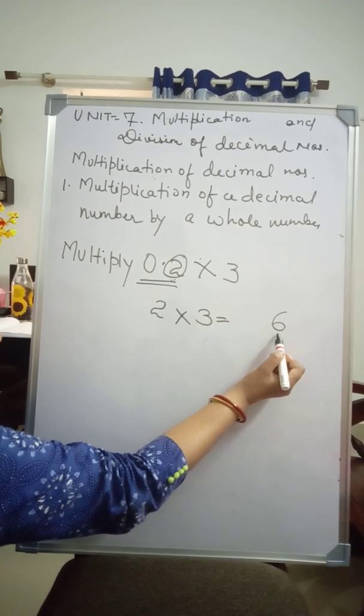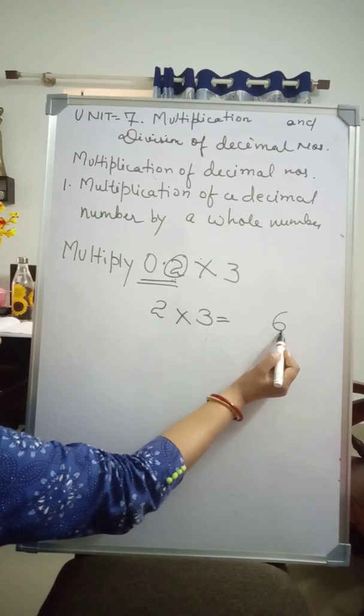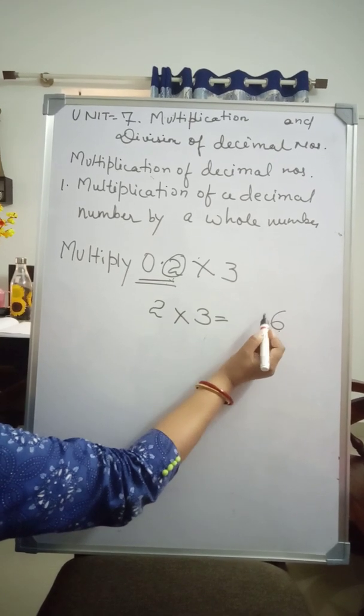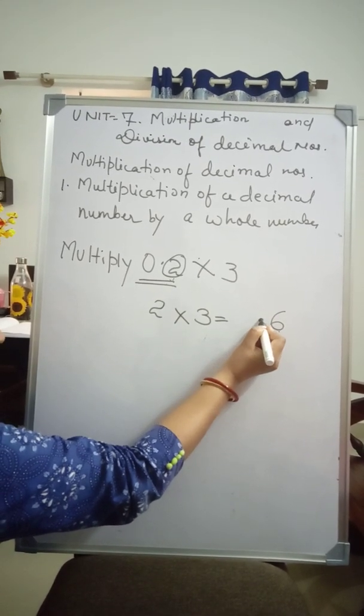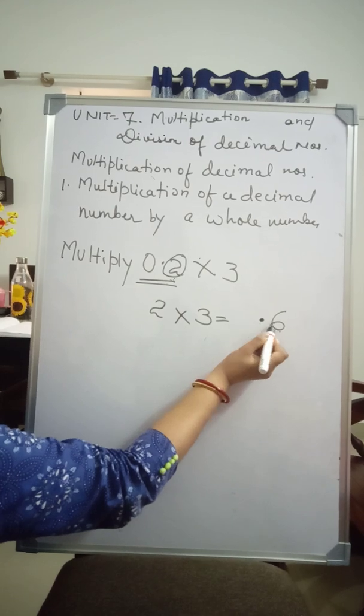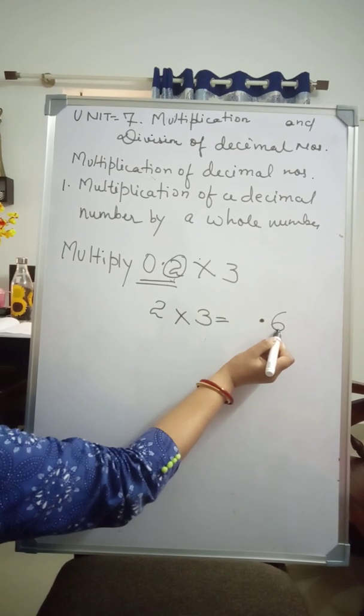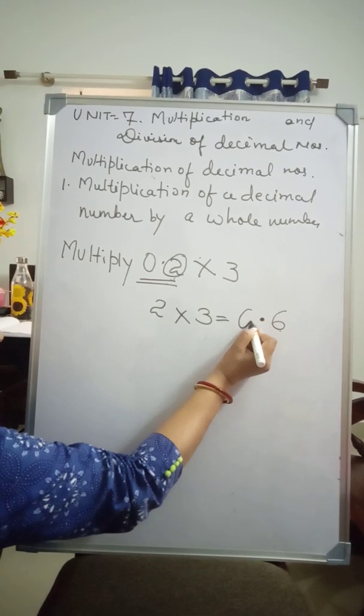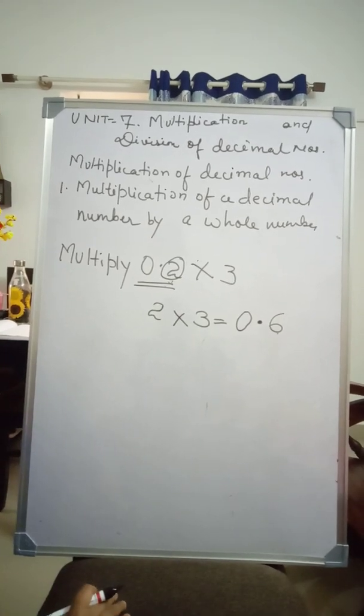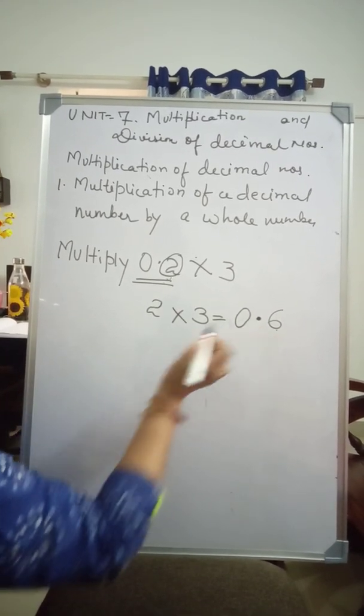So let us count the number 1. This is one decimal place. So here we will put the decimal point after one digit, and then here we put 0. So here the answer is 0.6.